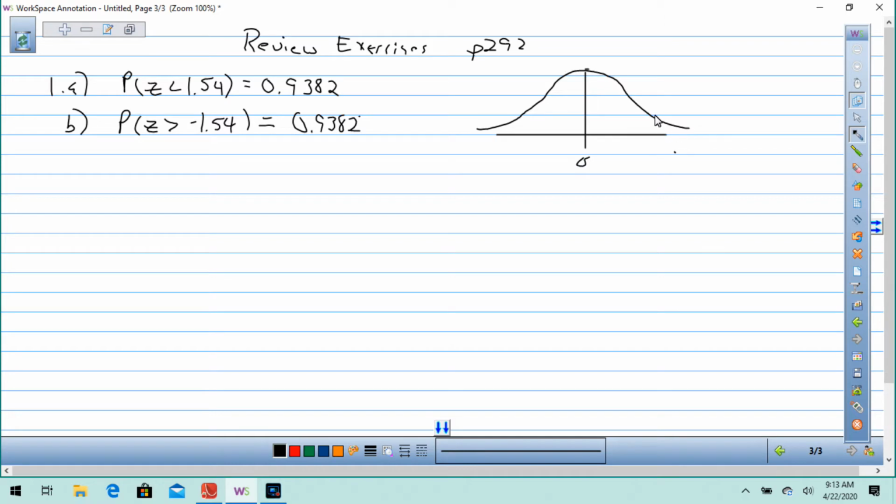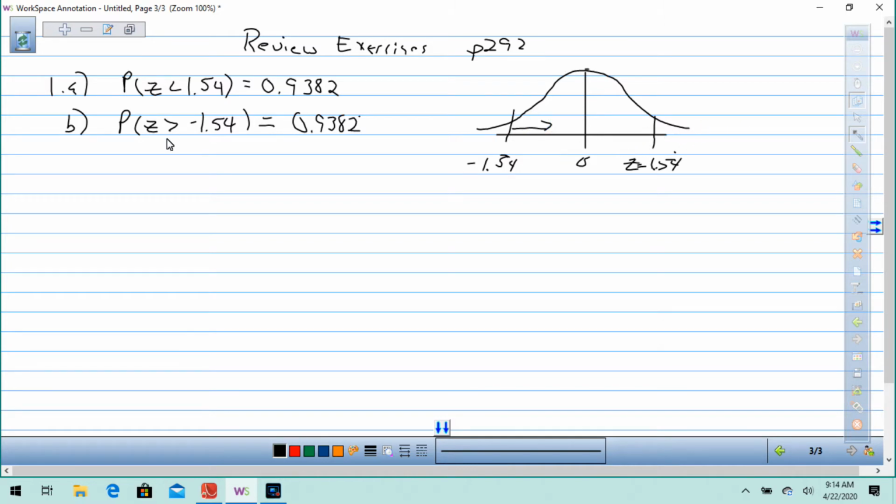So if you've got 1.54 over here, you've got a negative 1.54 over there. If this is 0.9382, then this area over here would be 0.9382.